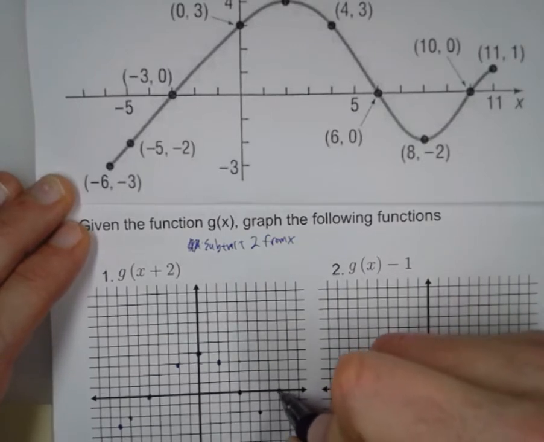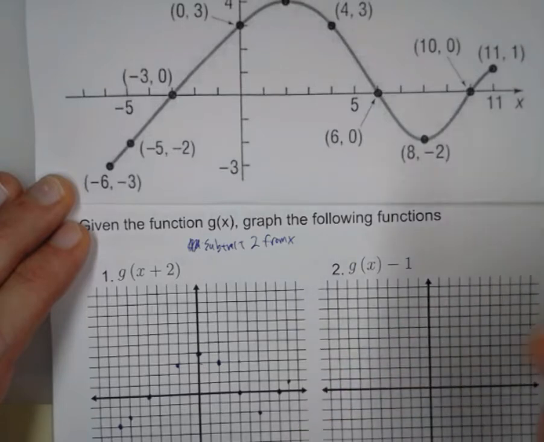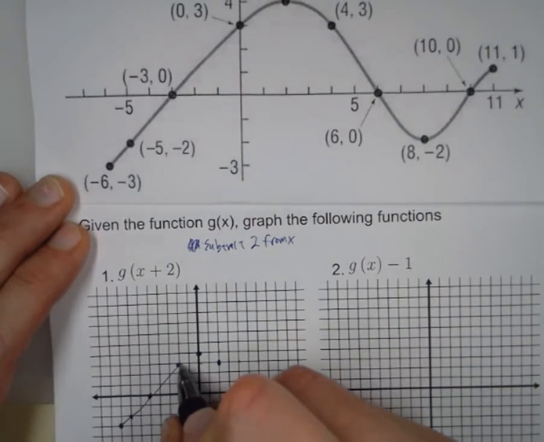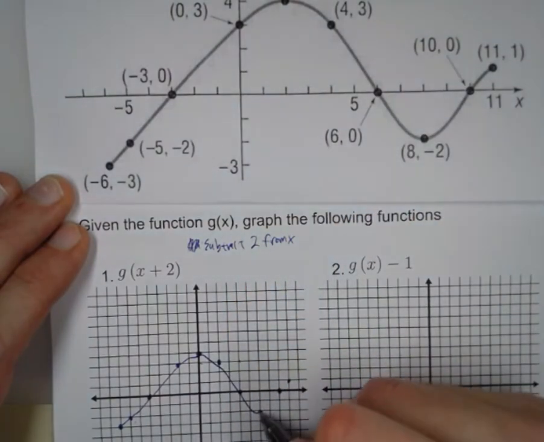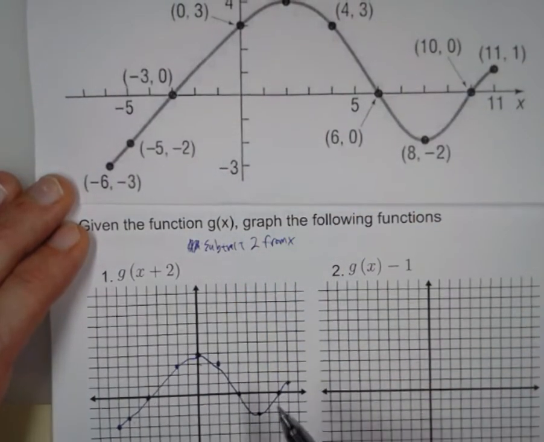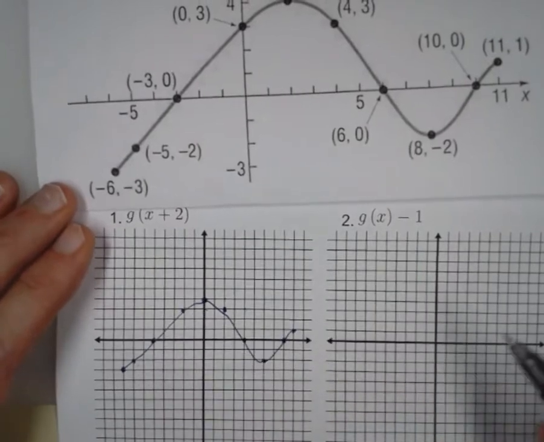And then 11, 1 is right here. So our graph, when we connect all these dots, is going to look something like that. So the whole thing just got shifted over 2 spaces to the left.